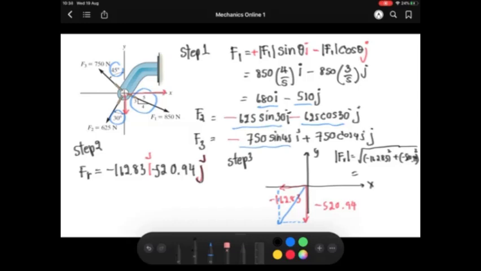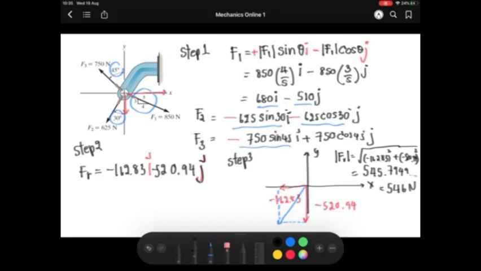So use your calculator again. You should get the size of the resultant vector as 545.7949 something, and according to the significant figures, the answer should be 546 newtons.